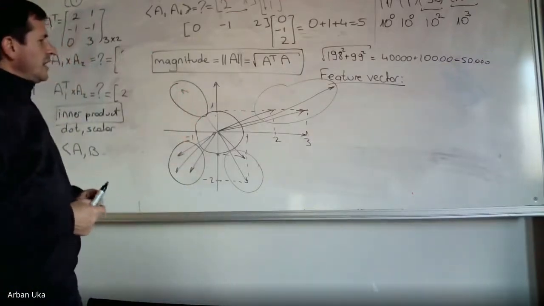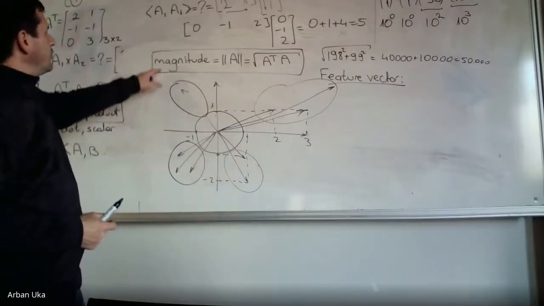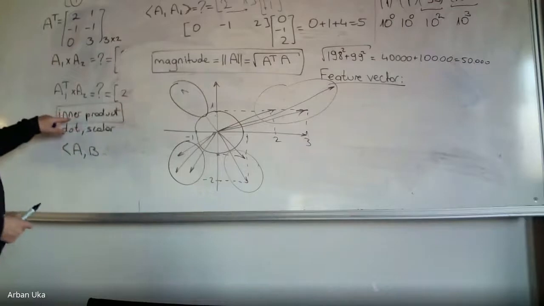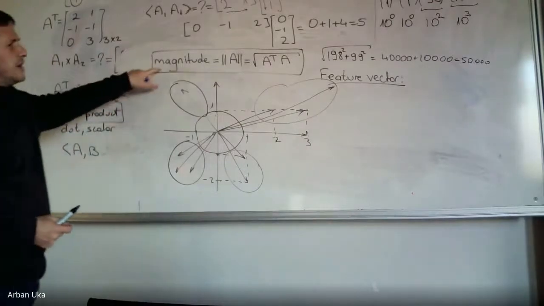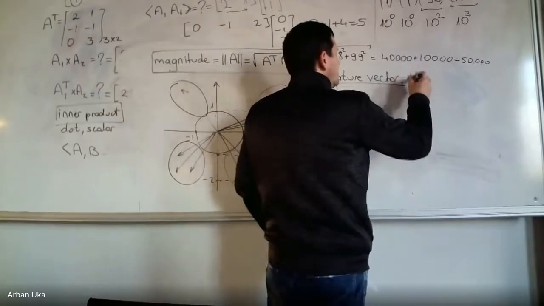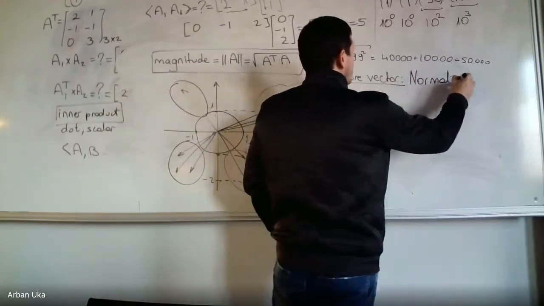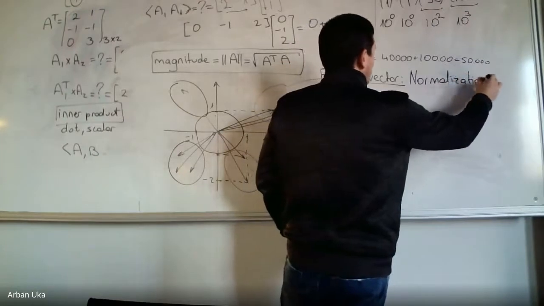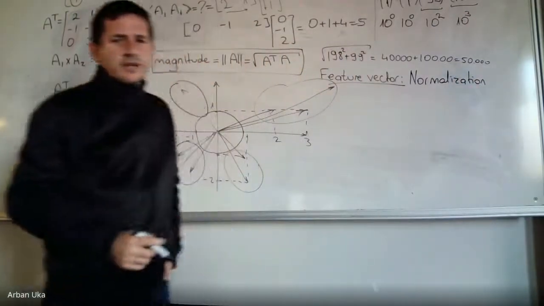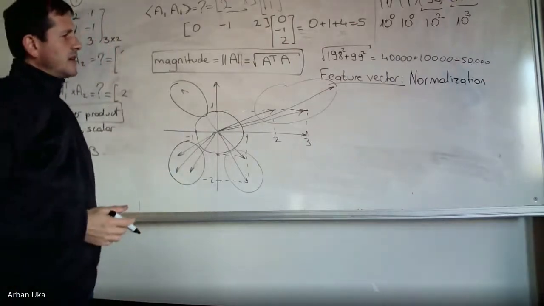Now, in order to easily compare them, often, after using the inner product here, we find the magnitude, then we get the feature vectors, and from here, we want to do normalization. Now, what is normalization?